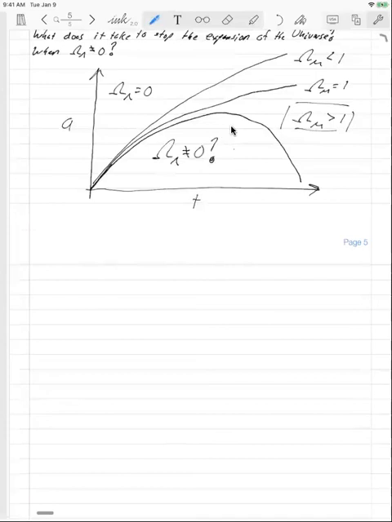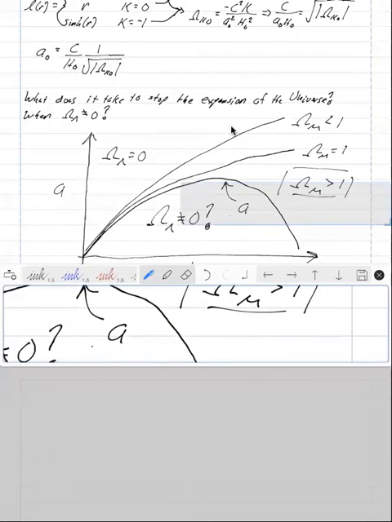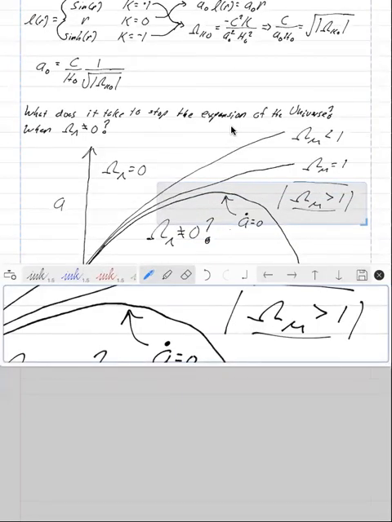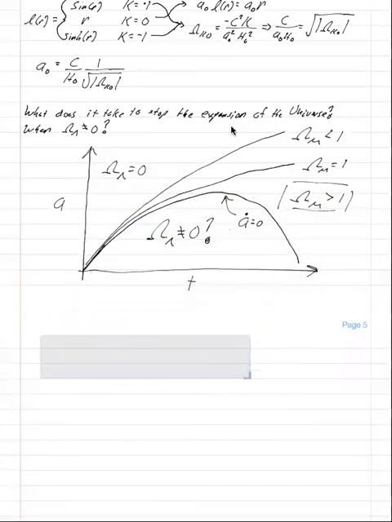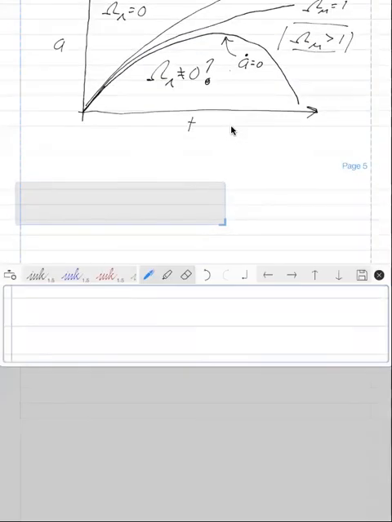We're looking for when A dot is equal to 0. When do we have possible solutions so that A dot is equal to 0? When is it that the curve goes up, stops its expansion, and then goes down? So when does A dot equal 0?